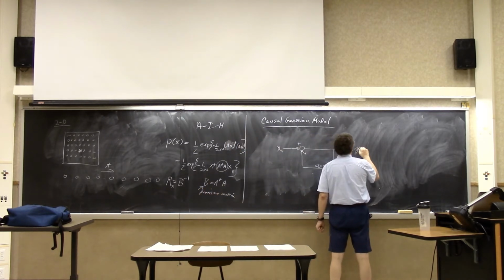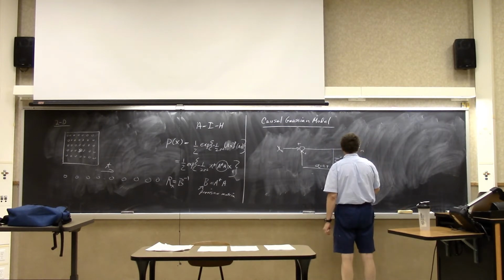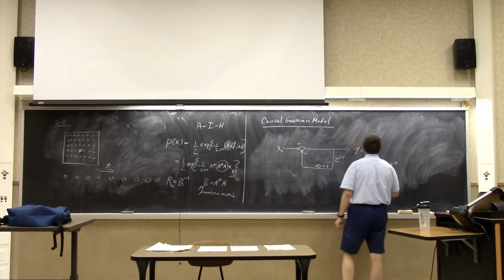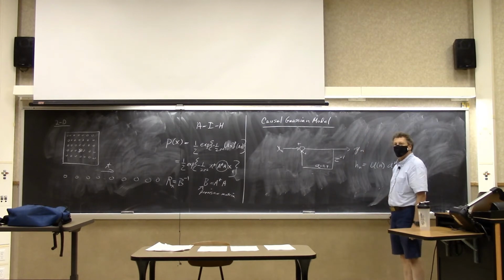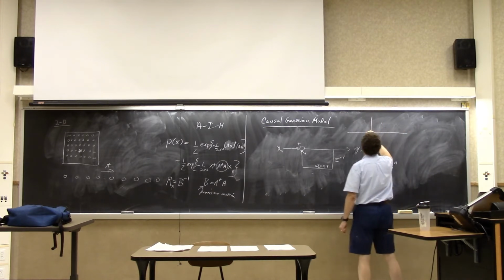So the impulse response of this system, h[n], is equal to u[n] times a to the n, okay? Does that look kind of familiar? The impulse response of the system looks like this.